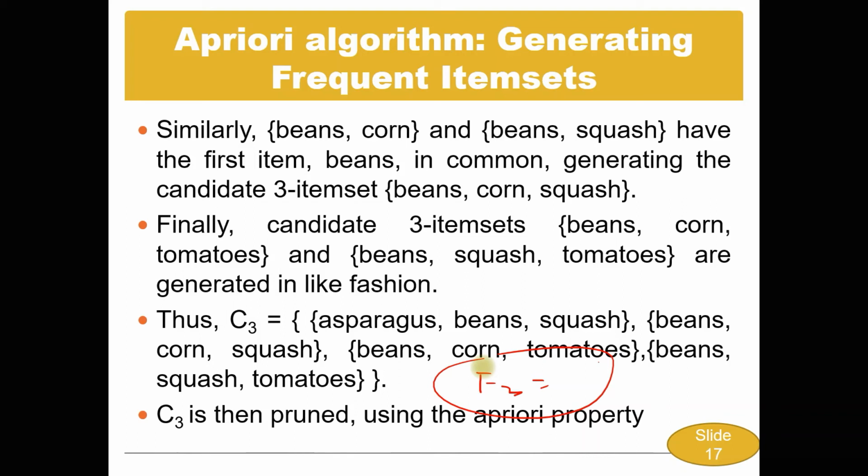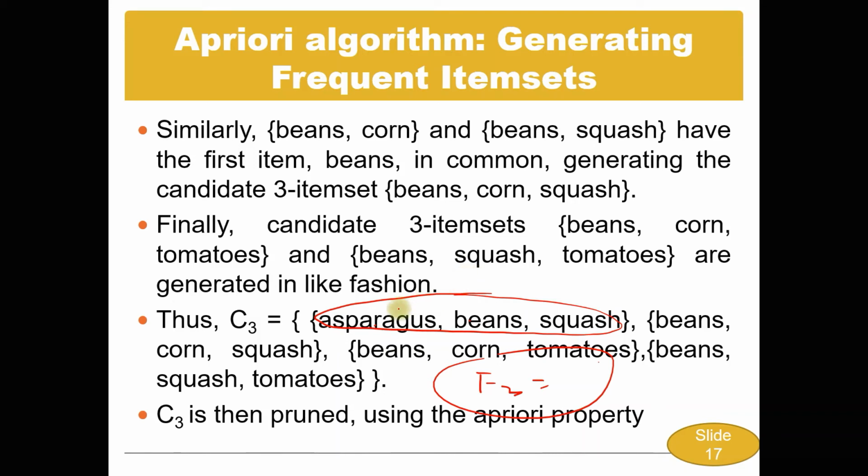By looking at those items, as I said earlier, the a priori property says that if Z is not frequent, adding another item set A to it will not make it more frequent. So what does this mean? It means that if, for example, let's split this into 2, if asparagus and bean was not frequent, listen to me well, if asparagus and bean was not frequent, then this whole thing will not be frequent.